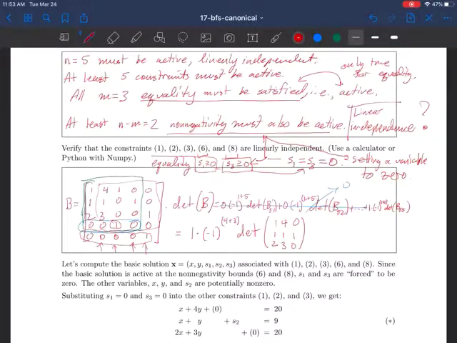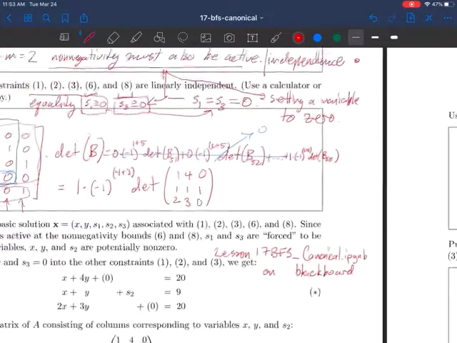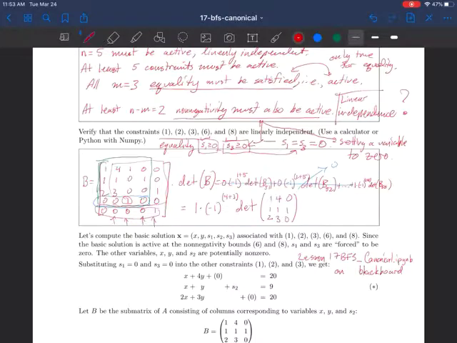So to use Python for this, if you look at the lesson 17 BFS_canonical.ipynb on Blackboard, you're going to see it's under this lesson 17. You're going to see that it shows you how to calculate out this determinant. Okay, it's in the first block there.